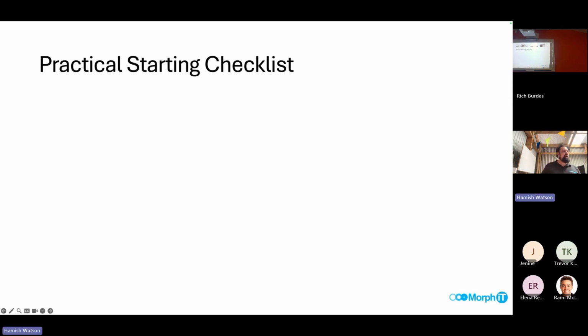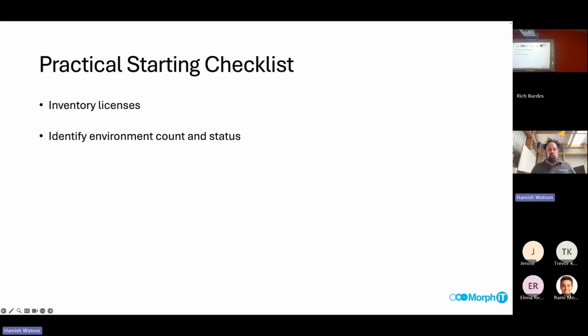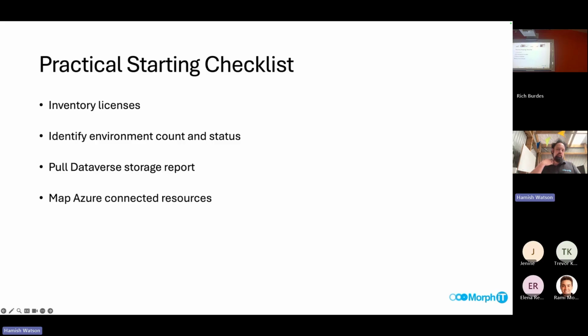Alrighty. So how should you start? Well, I've kind of broken this down into a couple of areas. Inventory licensing. So discover all your environments, identify your storage hotspots, map licenses to usage, build your first baseline dashboard that gives us that visibility. We then want to start looking at implementing our environment lifecycle governance. We want to get people like myself to build automation for cleanup.